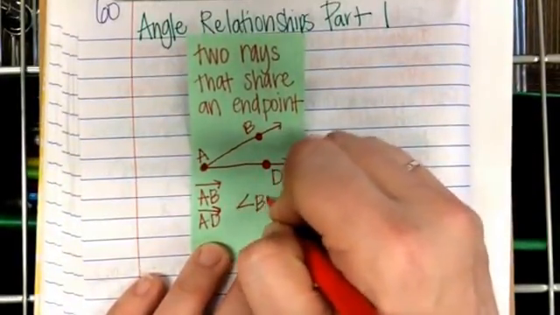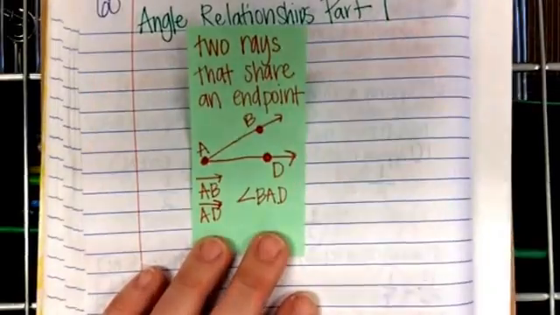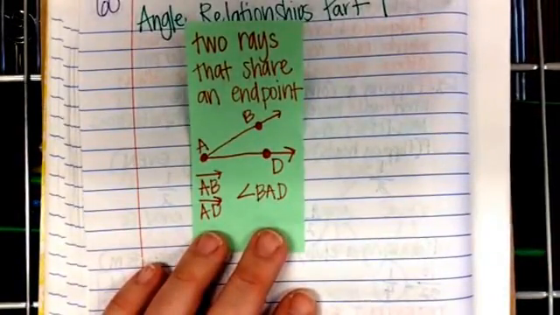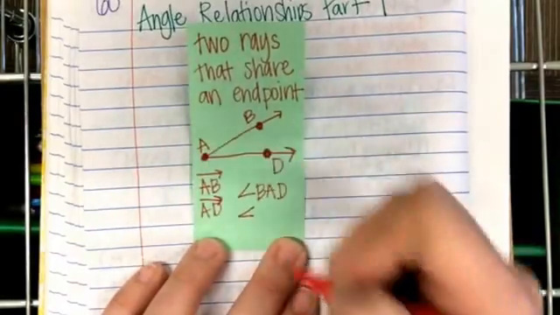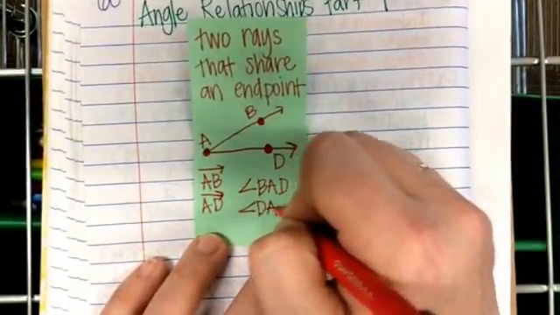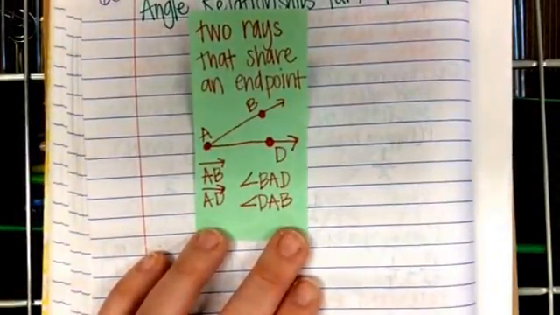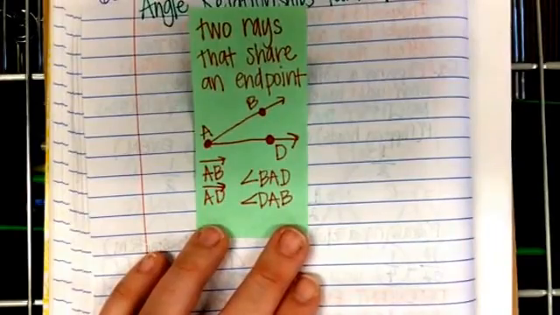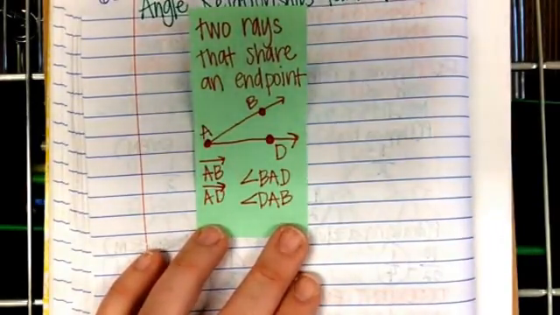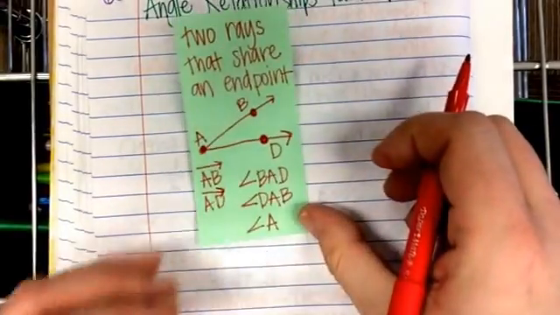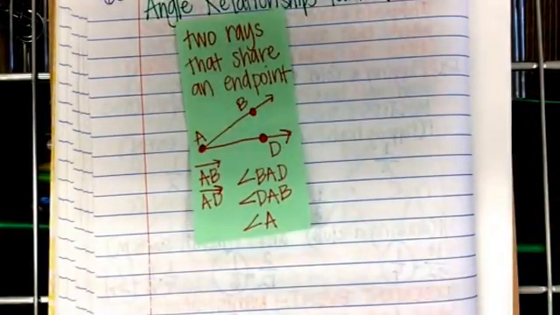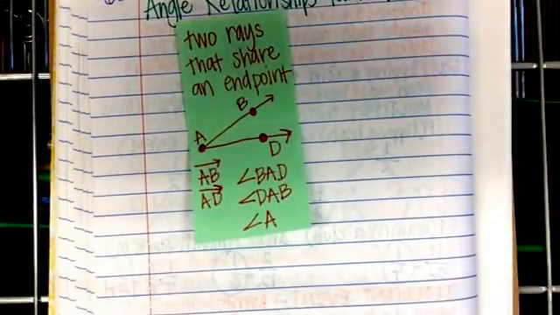I could call it angle BAD. It has another name. I could call it angle DAB. Or I can call it just angle A, just by the middle term. That's an angle.